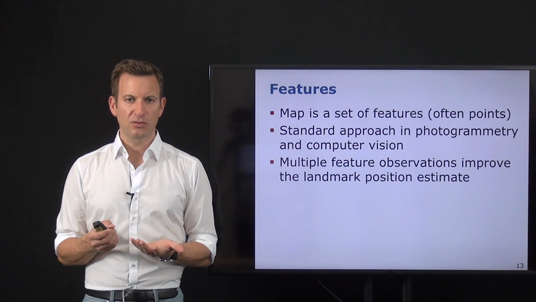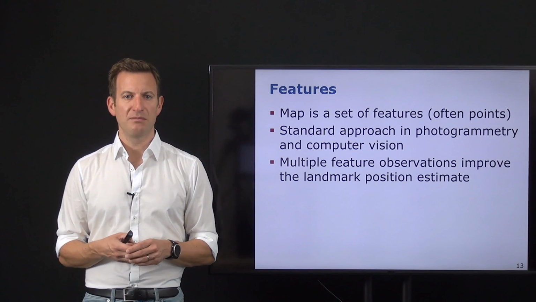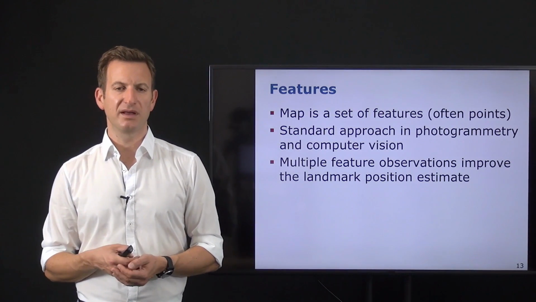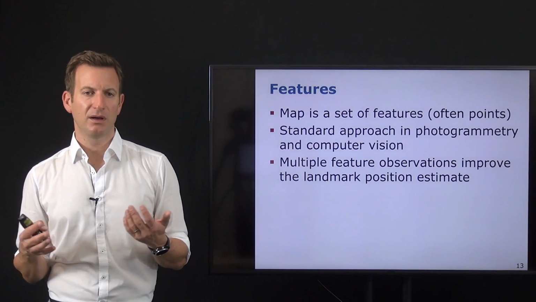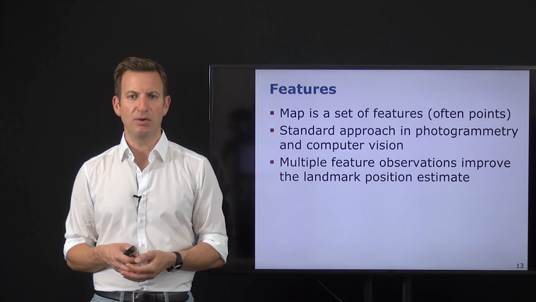There are different ways to represent maps. I said that before. One is feature-based representation, where the map is basically just a list of these feature locations. That's something that we have seen, for example, in bundle adjustment, where we estimate a 3D model of the environment that consists of 3D points.